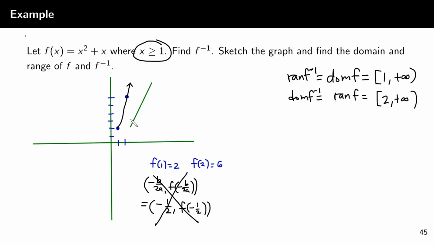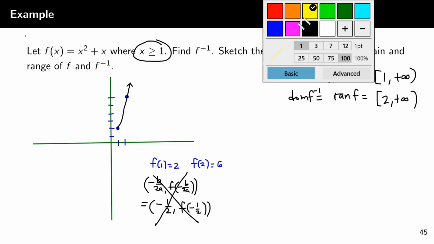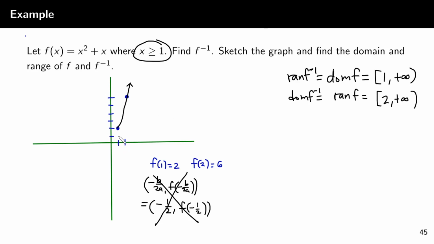I'm going to try to draw the diagonal line. Okay. This is the line y equals x. And we're just going to reflect this curve to the other side para makuha natin yung inverse.